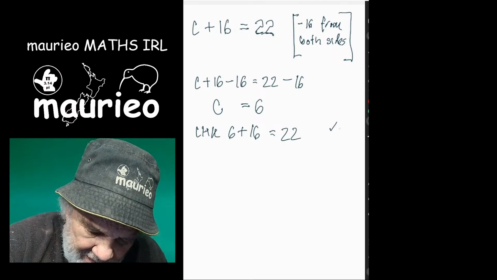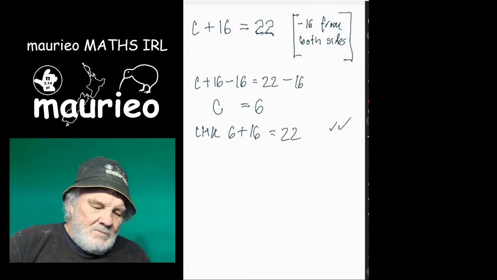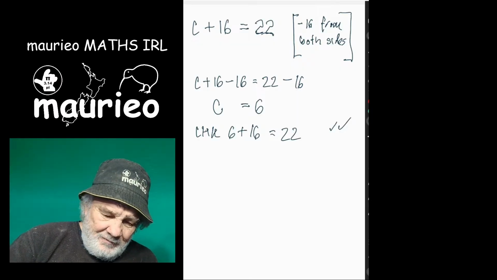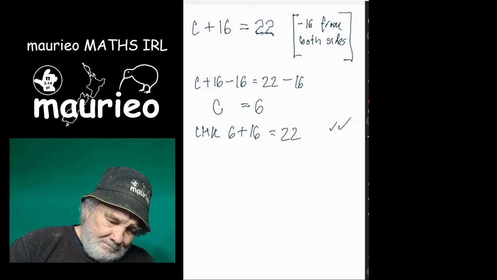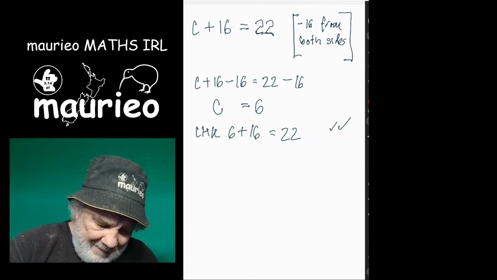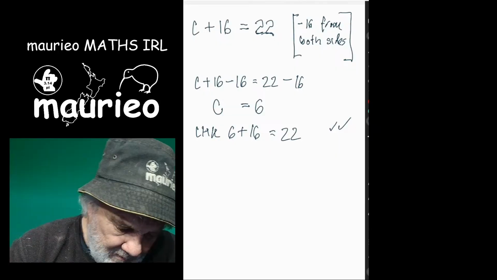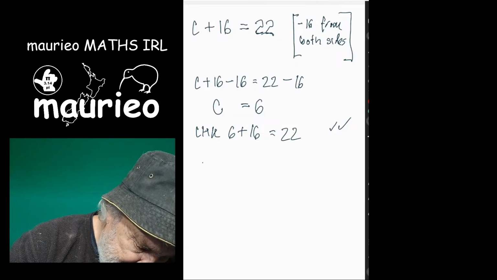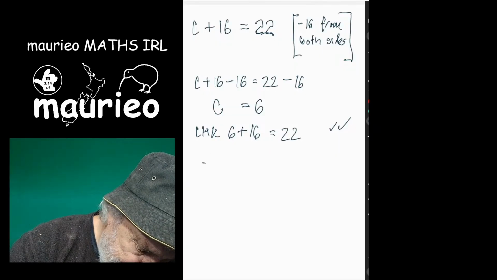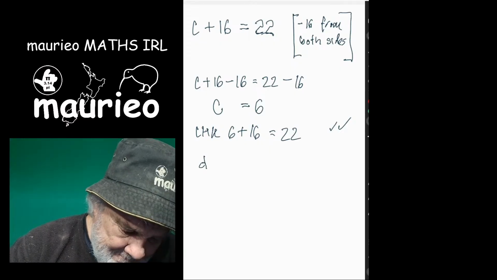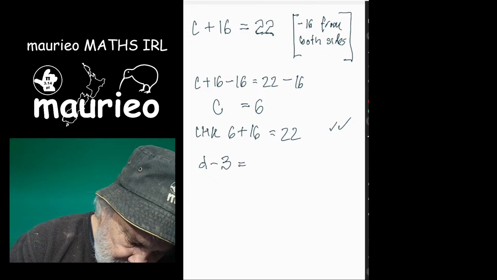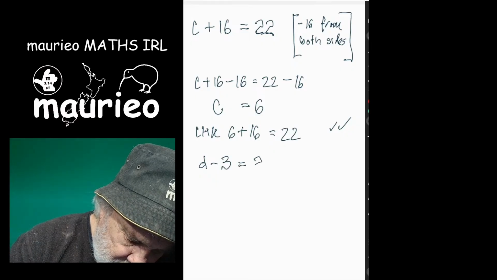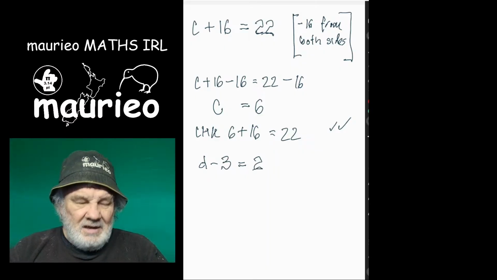We got those done. Now, what happens if it's D minus 3 equals 2?